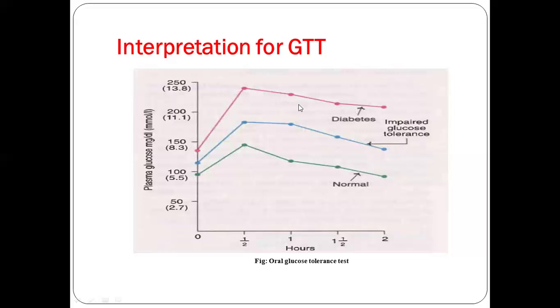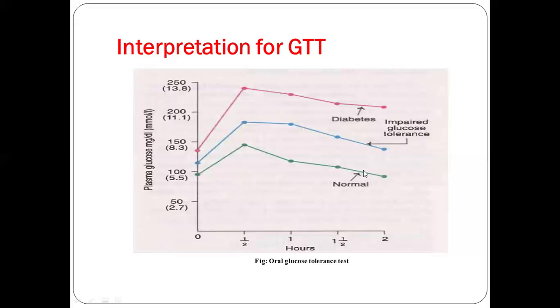If the blood glucose in postprandial conditions is more than 200 on one occasion, or fasting blood glucose is more than 126 mg per deciliter, it confirms that the individual is suffering from diabetes mellitus. So that is the confirmatory. This is the confirmatory graph for diabetes mellitus, this one is impaired glucose tolerance, and this one is the normal.